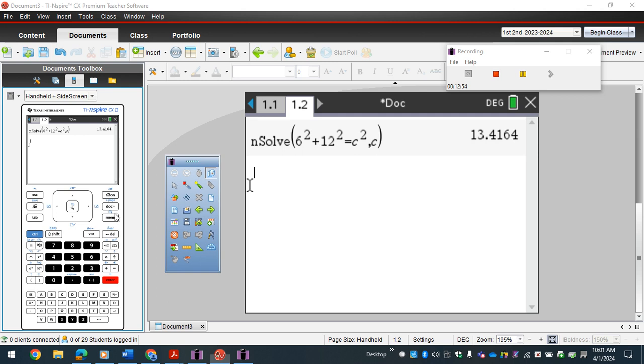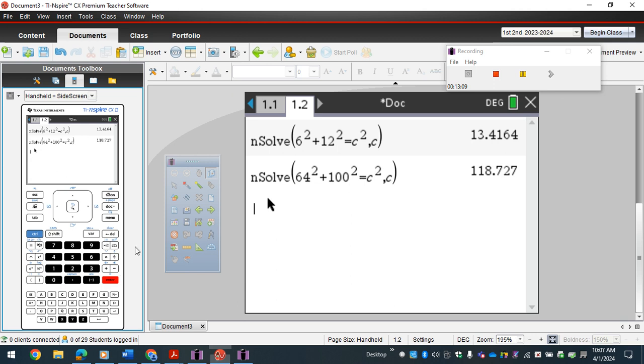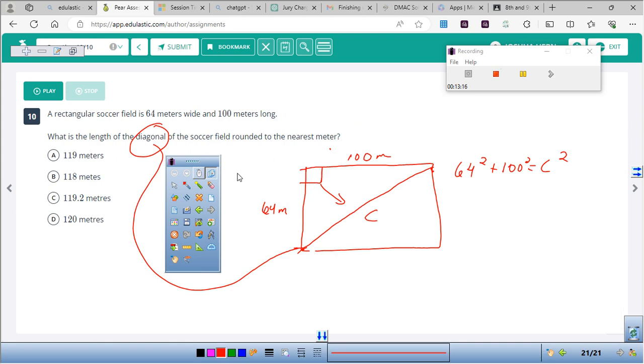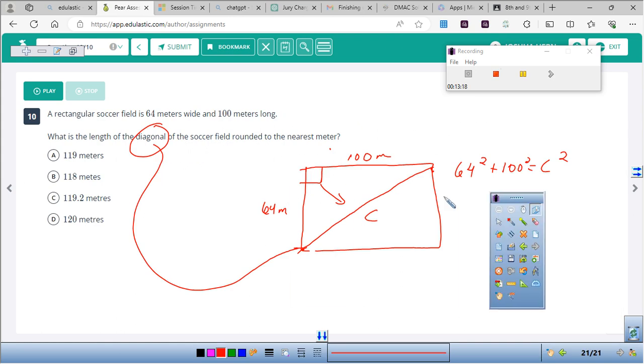We go menu 3-1, and we'll type 64 squared plus 100 squared is equal to c squared, comma c, and get 118. So we'll come back over here. About 118. Not too bad. Way to go, everybody. Very proud of you.